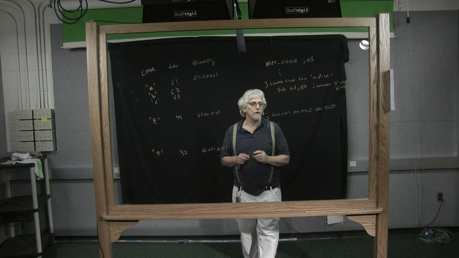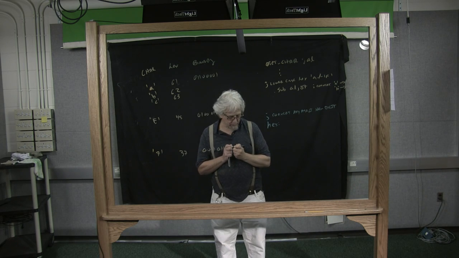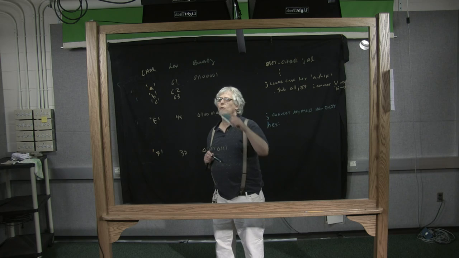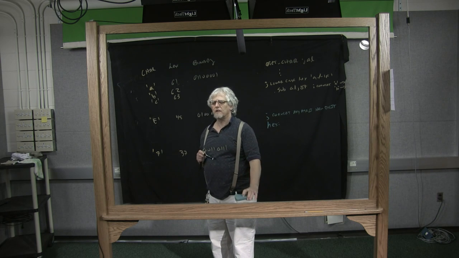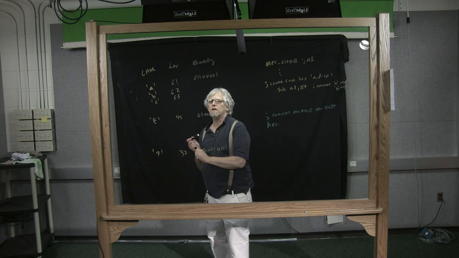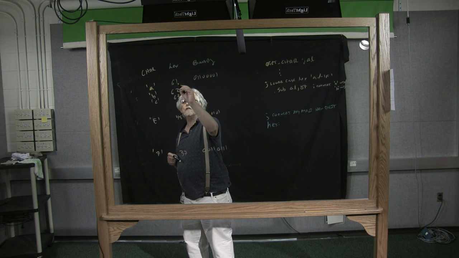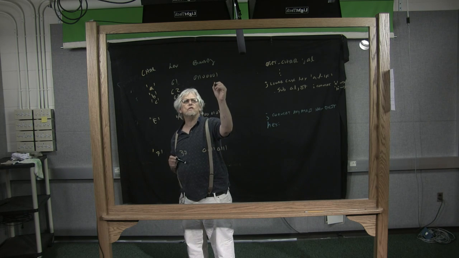What we're going to do is notice that the low order bits are the ones that we want. 61 is a 1, 62 is 1, 0, 63 is 1, 1.